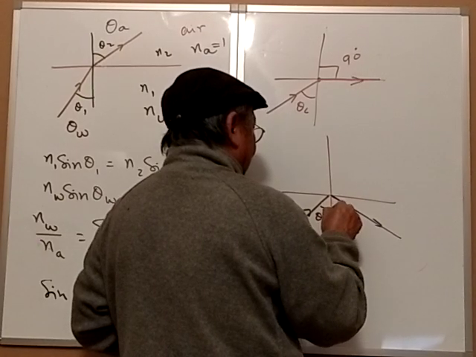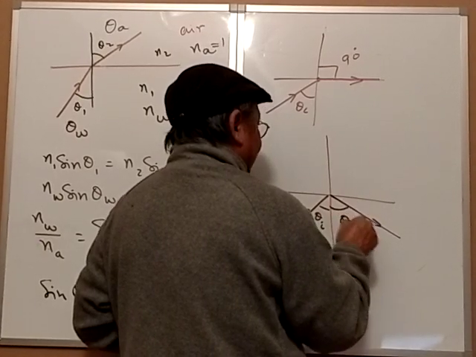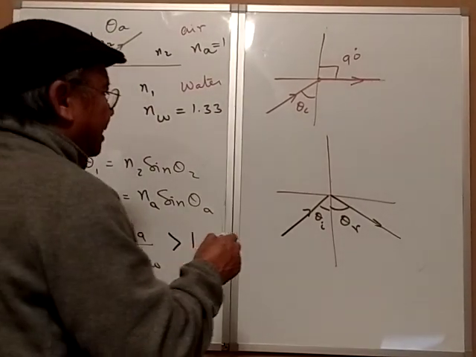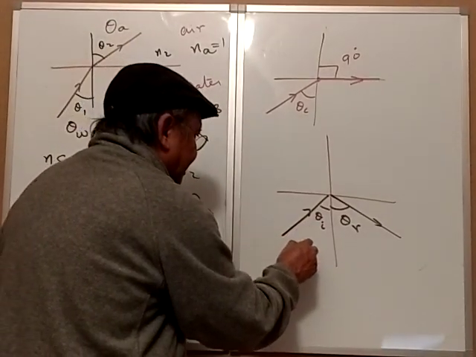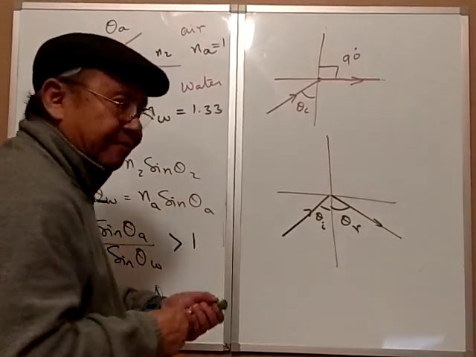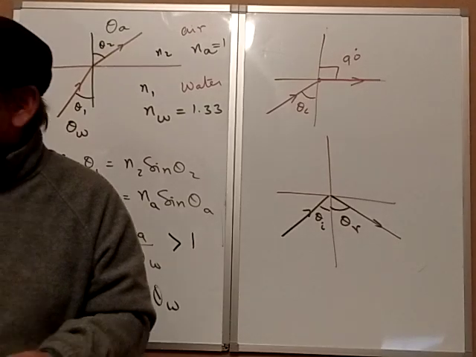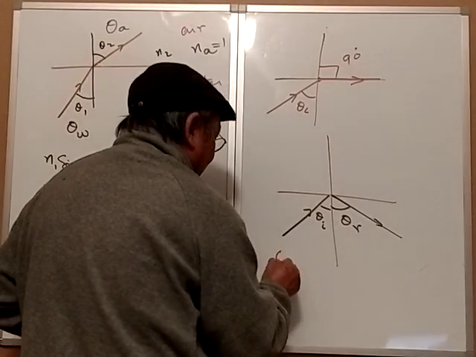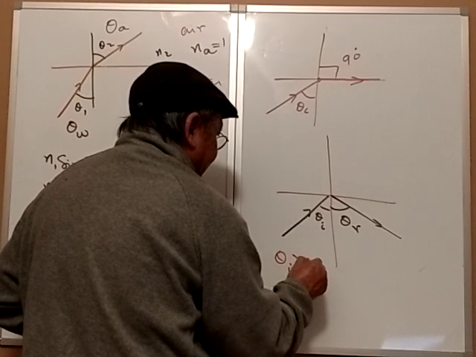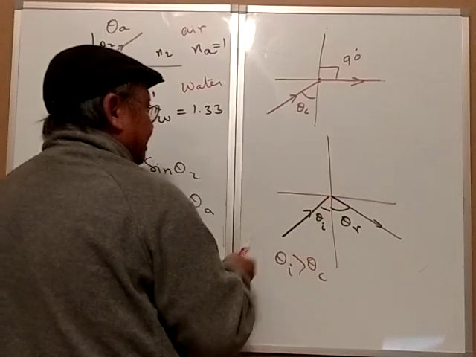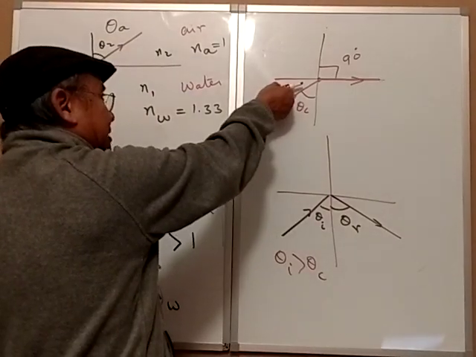Incident angle and reflected angle, okay? So that's what will happen. This angle, theta I, is bigger than the critical angle. So here, theta I is bigger than theta C, right? So the angle is something like this.